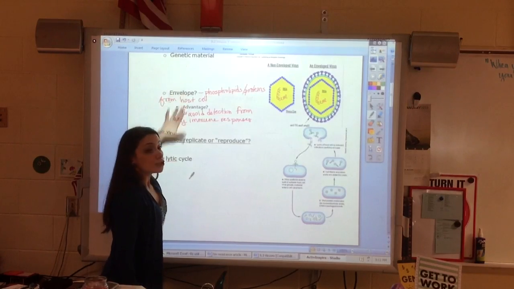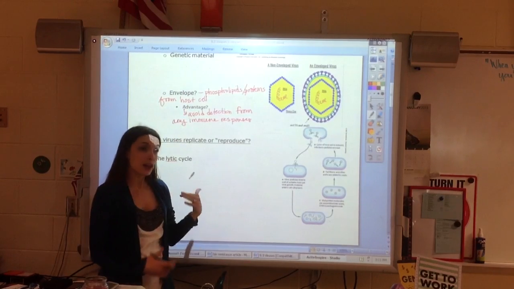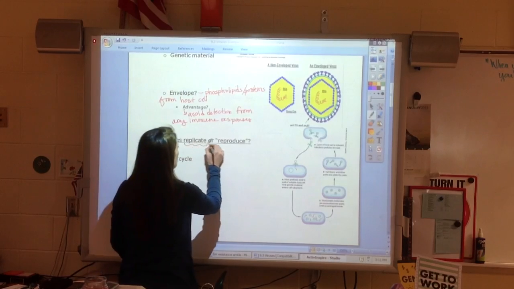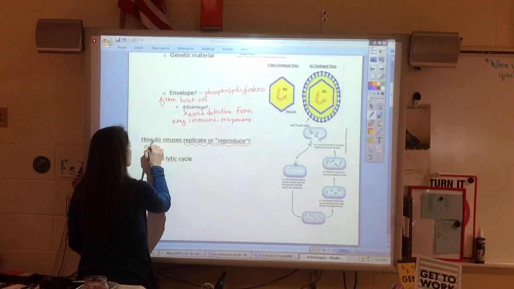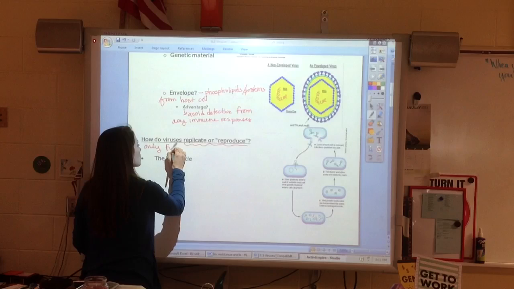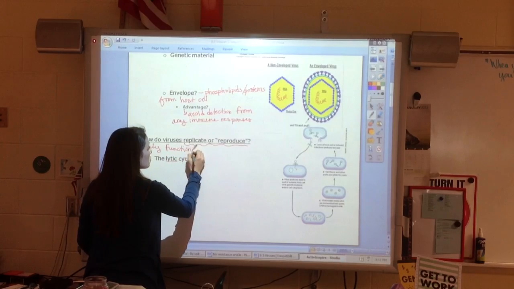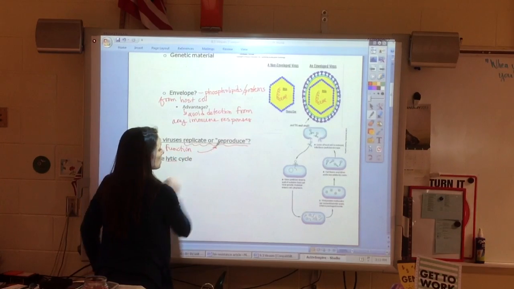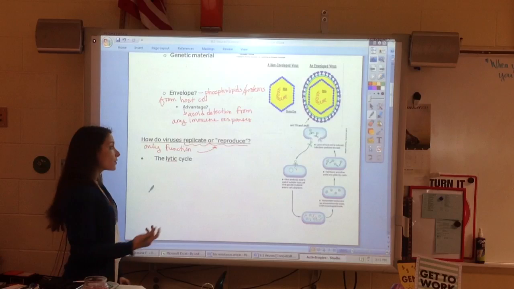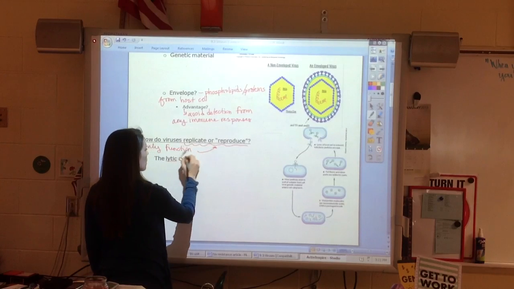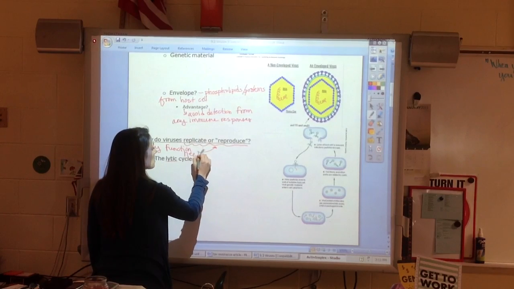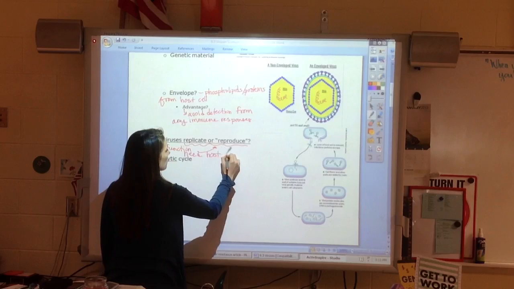So this is their structure. And then when we look at their function, really the only function that viruses have is to reproduce. Now it turns out that they can't reproduce on their own. They need a host cell.